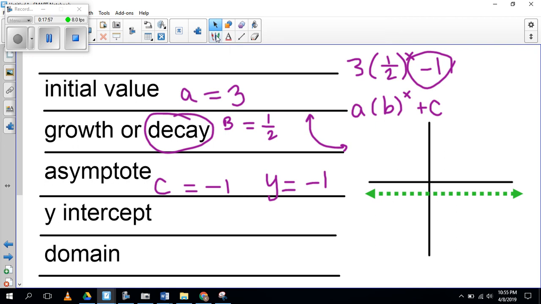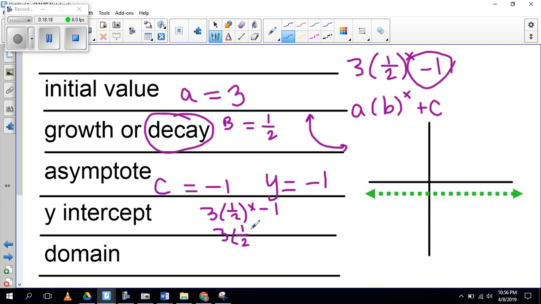Now your y-intercept, remember we got to plug in 0 for x. So we take our equation, 3 parentheses 1/2 to the x minus 1. And so we're going to plug in 0, 3 parentheses 1/2 to the 0 minus 1.